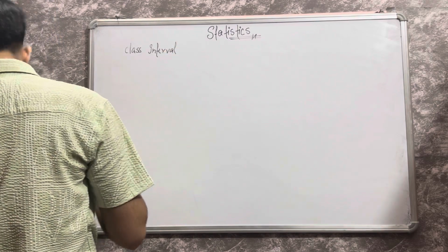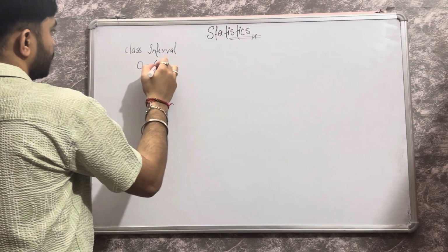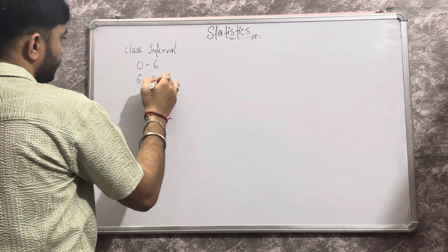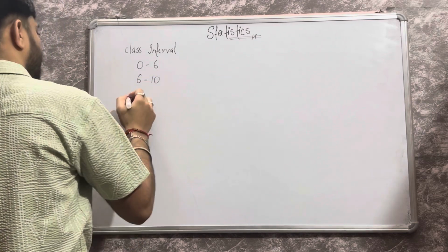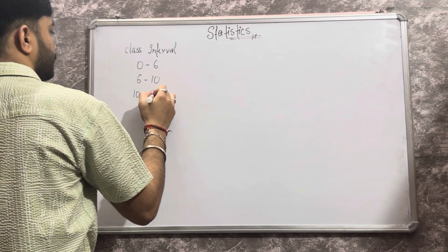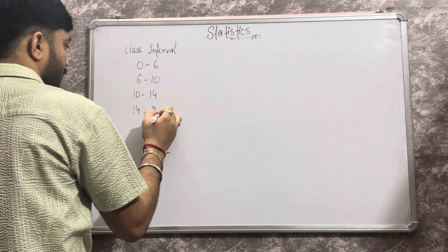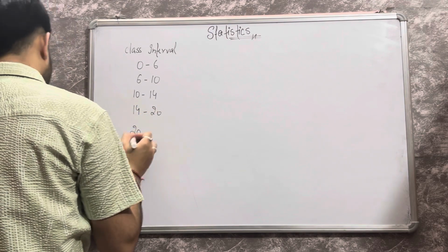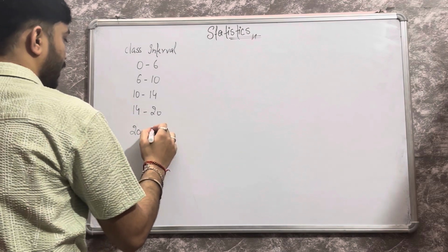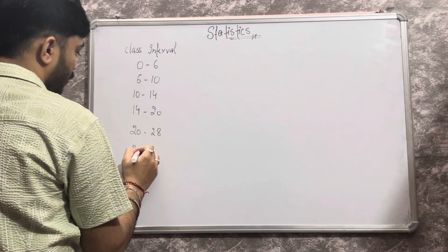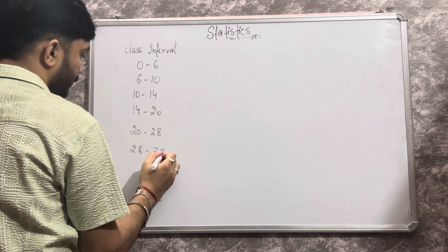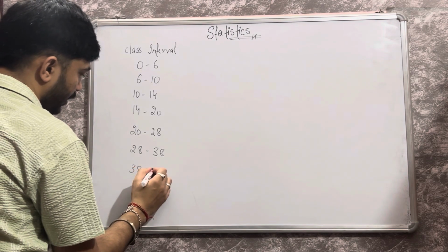The class interval given to us is 0 to 6, 6 to 10, 10 to 14, 14 to 20, 20 to 28, 28 to 38, and 38 to 40.